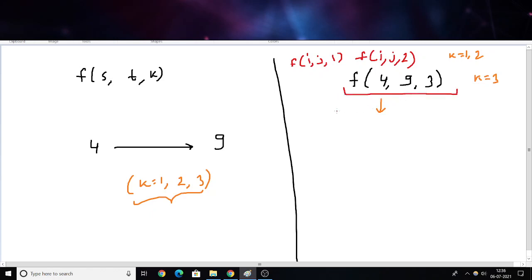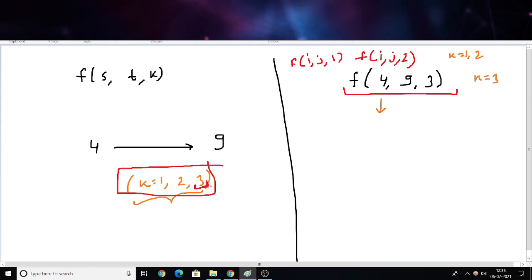Let's see how. When we are trying to figure out the shortest path from city 4 to 9 using these cities, there are two possible scenarios. One is that this city 3 is not a part of the shortest path when we move from 4 to 9. So basically we have two cases.